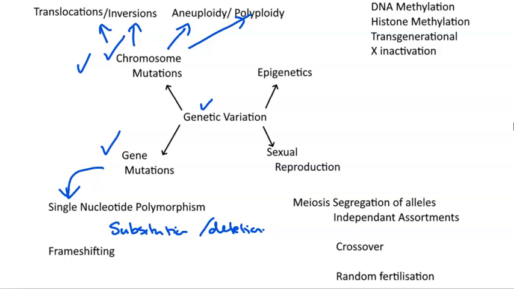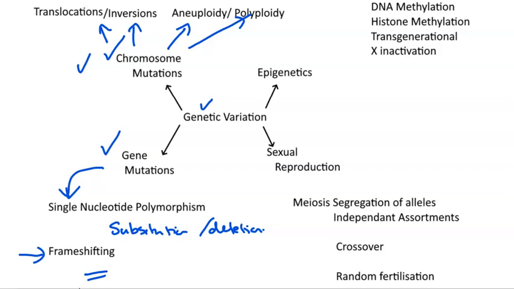There's a more dramatic version of this, which is called frame shifting, usually in which the deletion of a base leads to a complete rewriting and reading of the code, often with drastic effects.